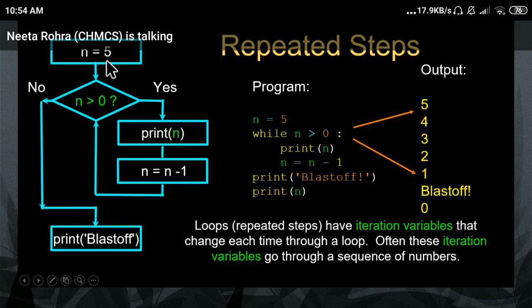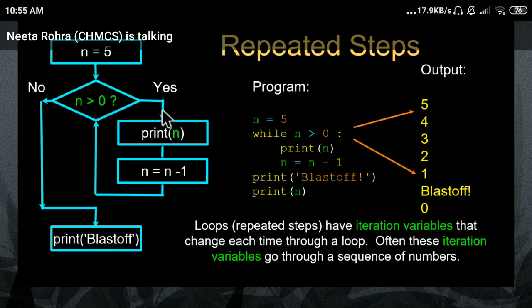Over here, n is stored as 5. Is 5 greater than 0? 5 is greater than 0. The condition is true. Since the condition is true, it goes in the loop. It prints the value of n, that is 5 in this case, and decreases the value by 1. Now n becomes 4, goes back to the condition and checks 4 greater than 0.